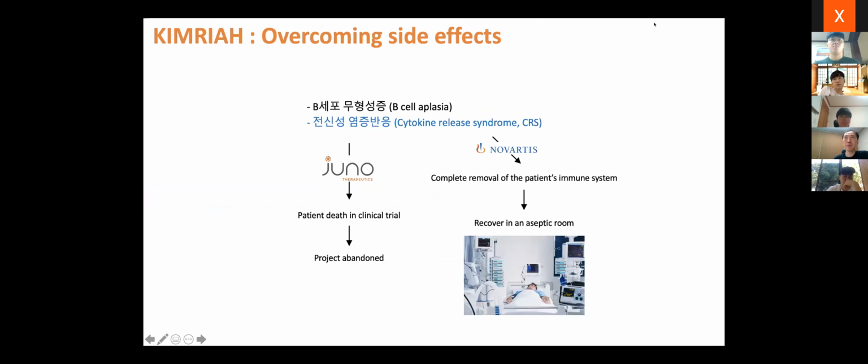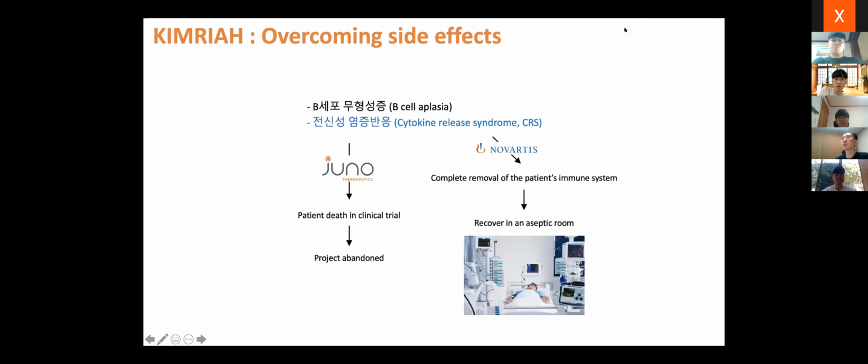Most of the deaths were caused by side effects, either B-cell aplasia or CRS, cytokine release syndrome. These are caused when the immune system is over-exaggerated and also targets normal cells, not only tumor cells expressing CD19.